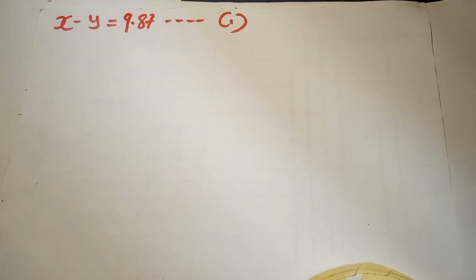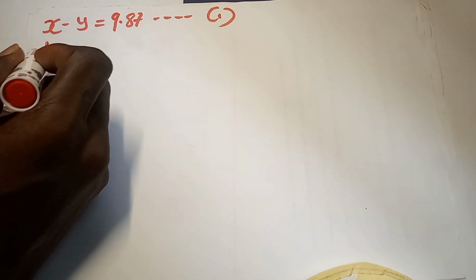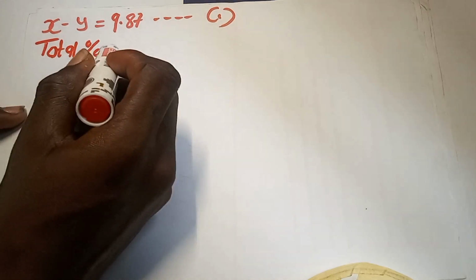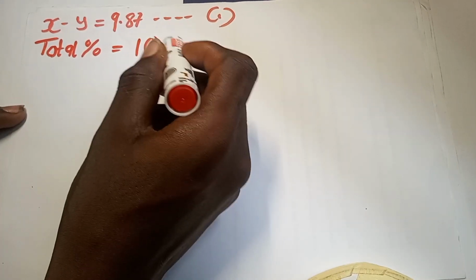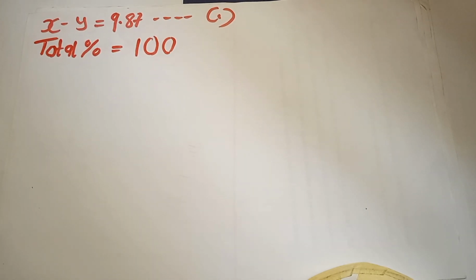And if I want to get my equation 2, I'm going to be using the percentage of the material. Don't forget, total percentage of the material retained equals 100. So I'm going to be summing all the values of the percentage retained to 100%.